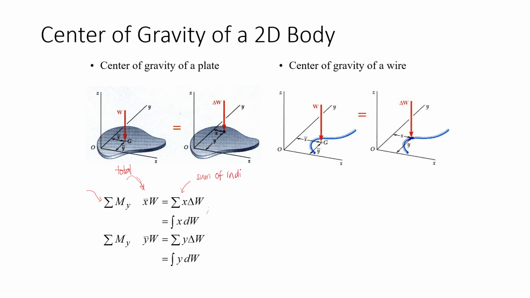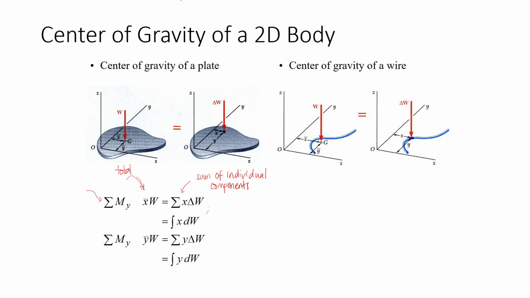So why do I want to define this one? Later on when we go to the area, it's the same concept. Total is equal to the sum of individual components. Okay, and the concept is the same with bar y, but it's just in the y direction.